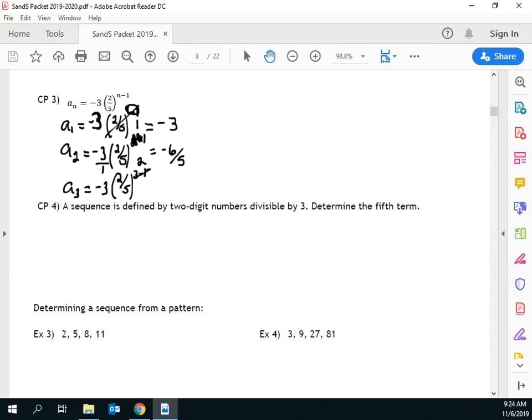So let me multiply the top by itself, so it's 2 times 2, and then the bottom by itself, 5 times 5. There's your new fraction squared. You're basically squaring the top and bottom. Okay, let's just go ahead and set it that way. So now you have negative 3 times 4 over 25, and so you just multiply across.